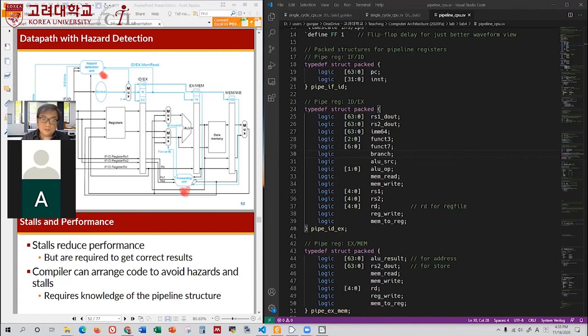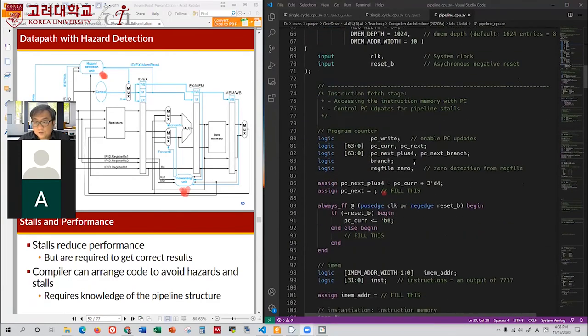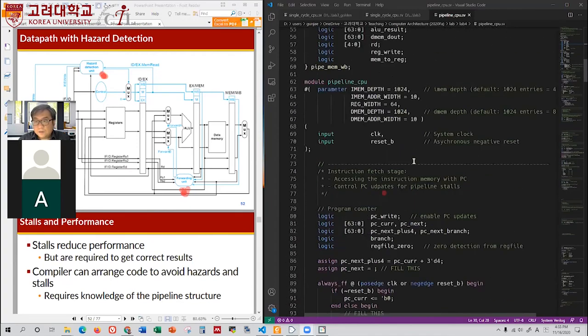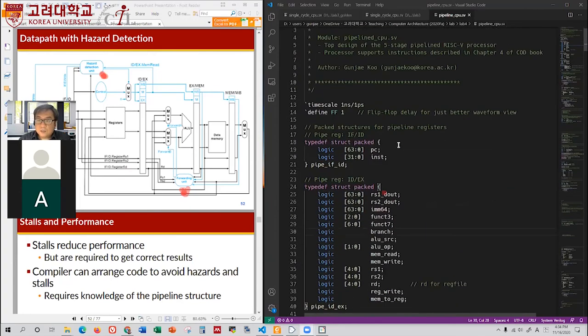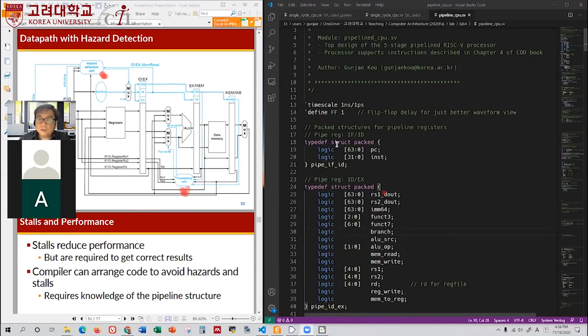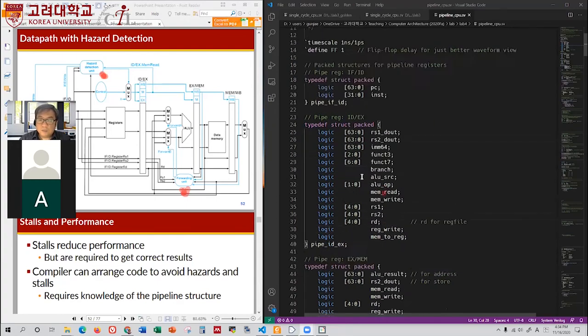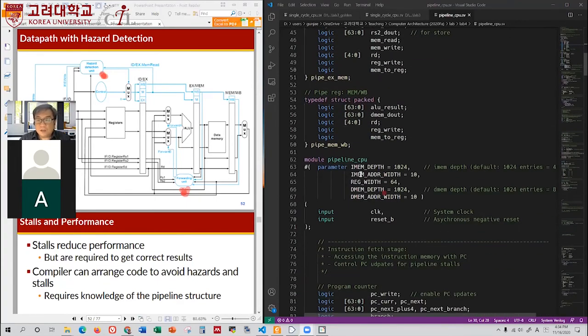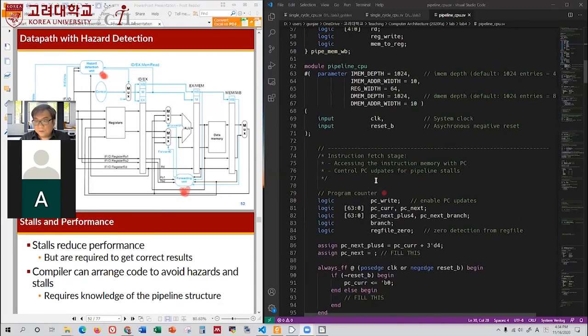I think that is not difficult, but you need to note that this is a skeleton code, and in the lab document, I explain about this packed structure of the system logger. So you can read the lab document if the lab assignment is posted on the Blackboard.